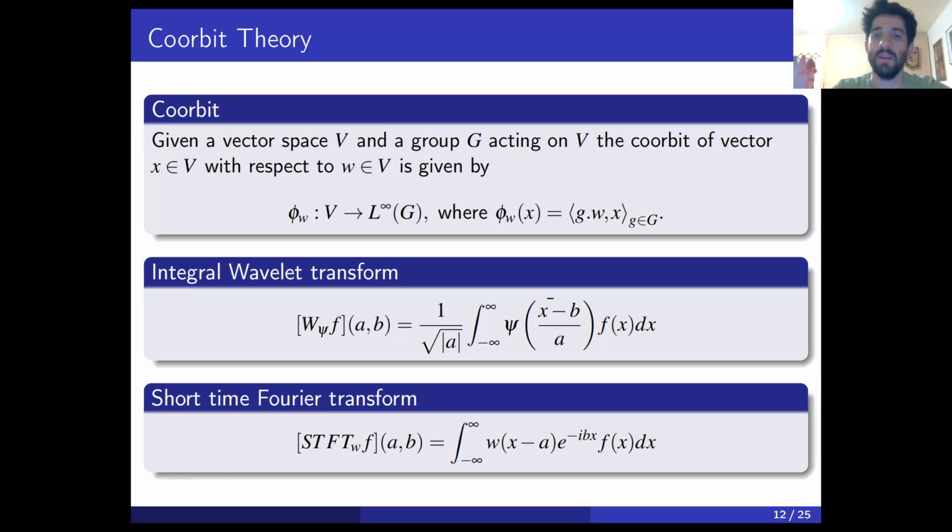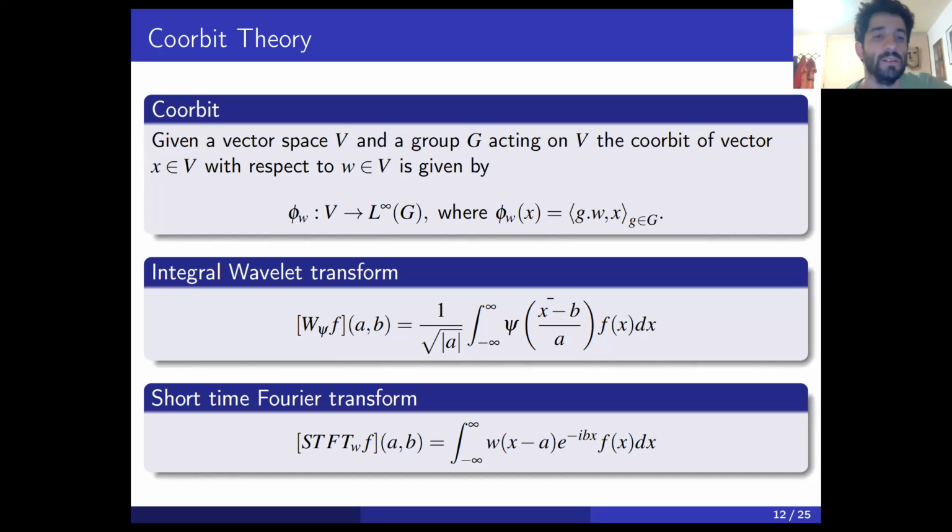And again, we just take all the possible inner products of G acting on W with X. And this set is the Coorbit of X with respect to W. So for example, we see that the max filter we introduced before is actually the maximum element of a Coorbit.